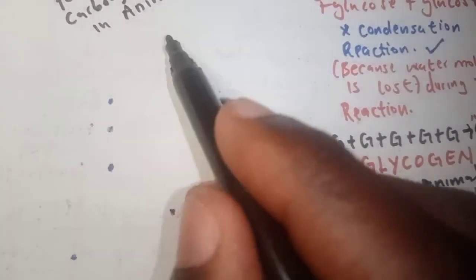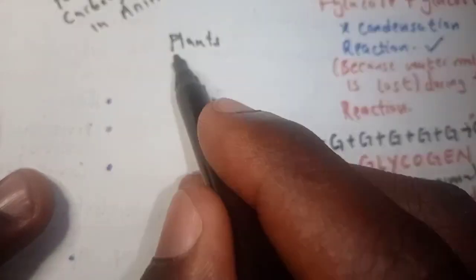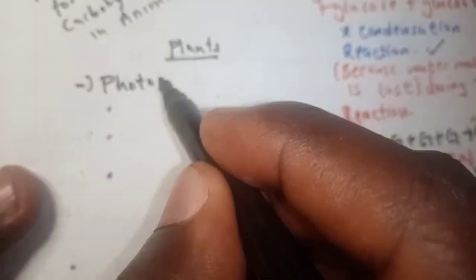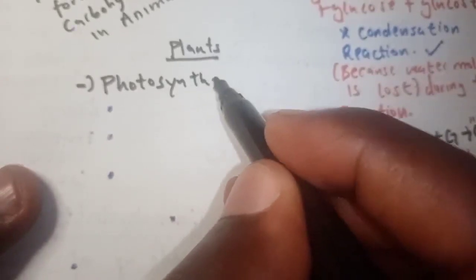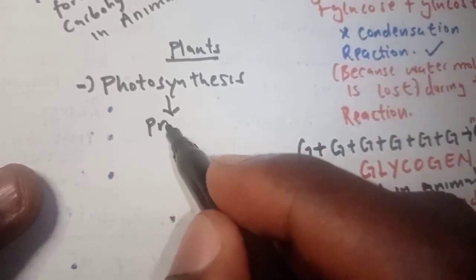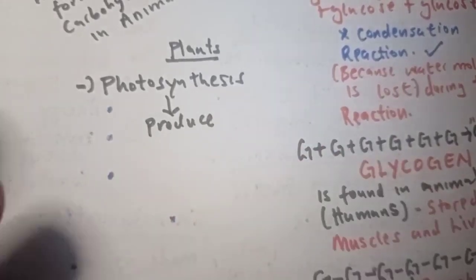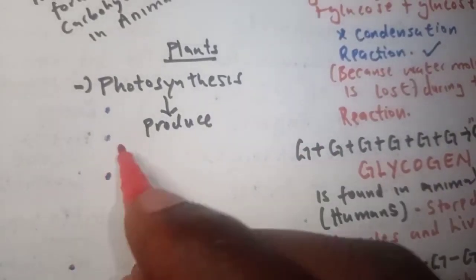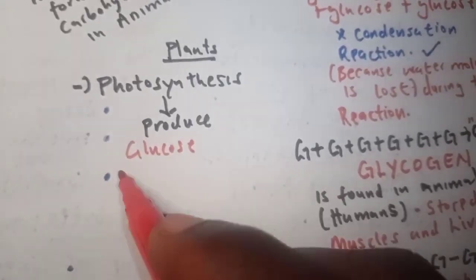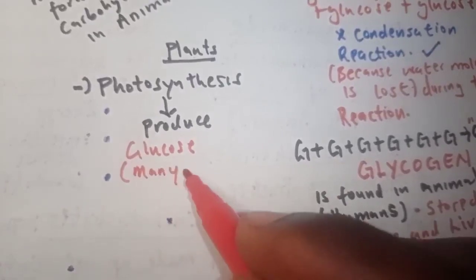Then look at starch. Now let's see what takes place in plants. We said plants have starch. Plants have a process we call photosynthesis, and this photosynthesis will produce many molecules of glucose.